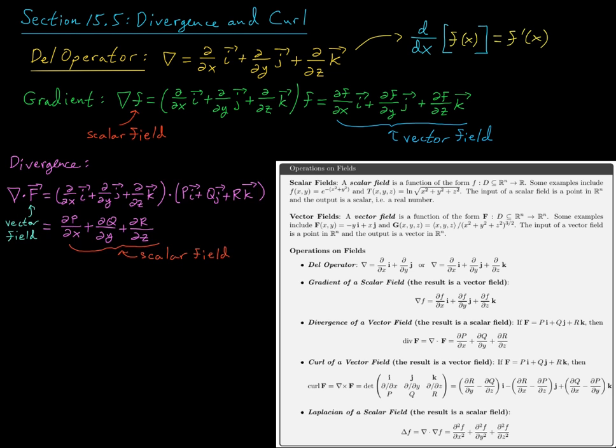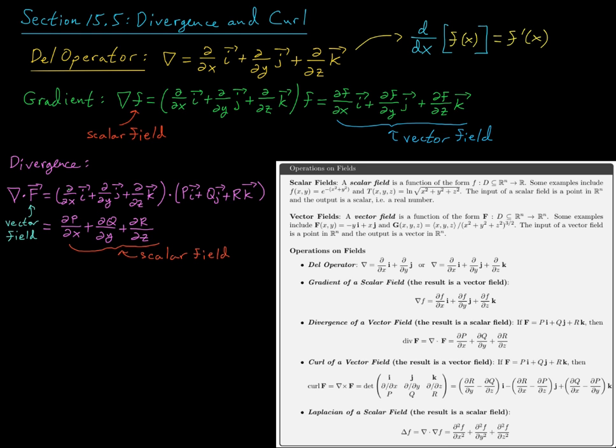All right, now next up we have what's known as the divergence of a vector field capital F. And here, this can be defined in terms of the del operator as a dot product. So we're going to take the del vector and dot it with the vector field capital F, and I'll label its components as P, Q, and R. So again, when we take the dot product, this is not ordinary multiplication.